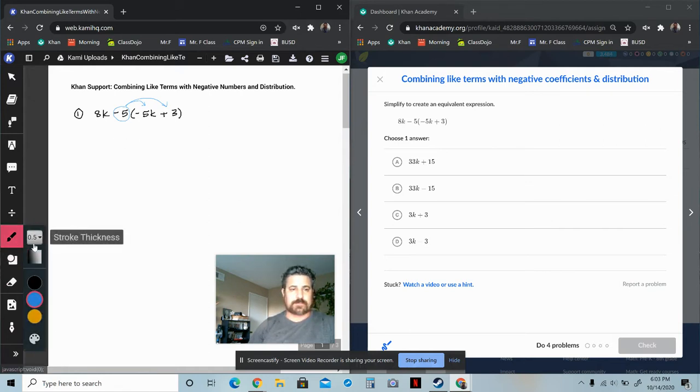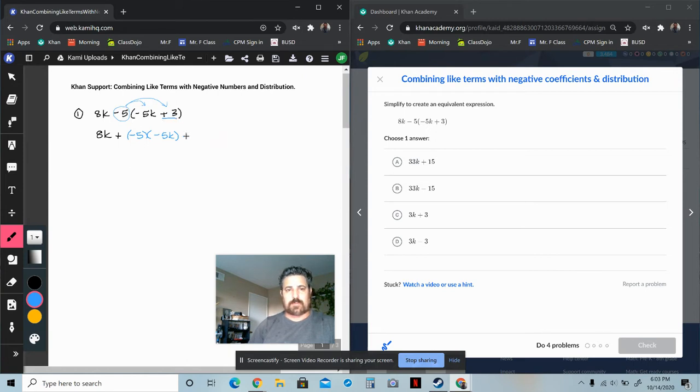So ultimately, if we write out all of our steps, you get 8k plus negative 5 times negative 5k, and then you're going to add to that negative 5 times a positive 3.